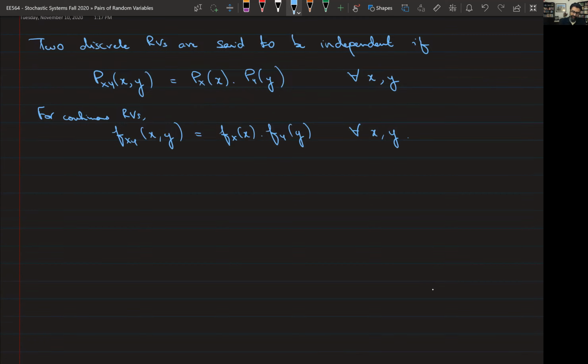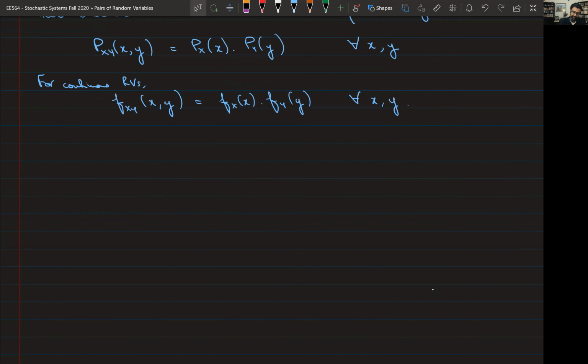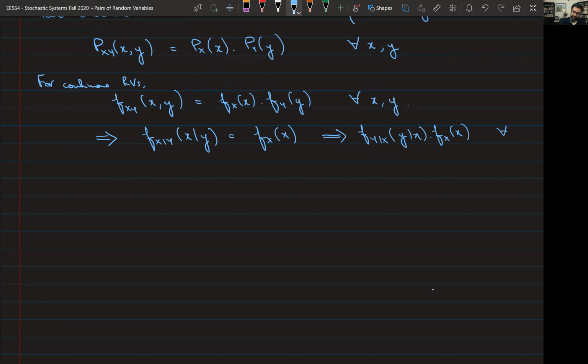And you can verify that if this condition is true, this implies that the conditional PDF of x given y is equal to fX of x, and likewise that the joint equals the conditional of y given x times fX of x for all x and y.